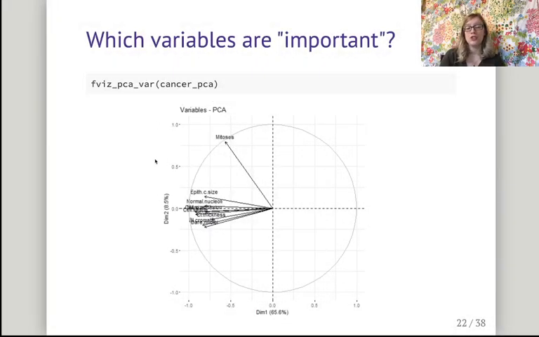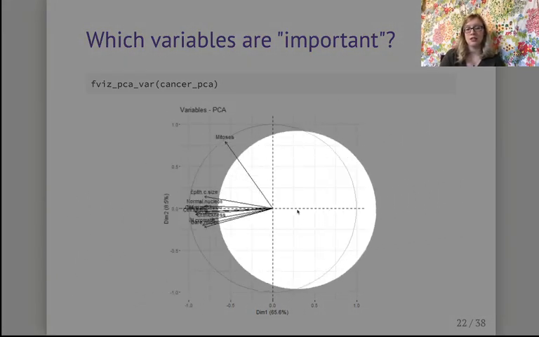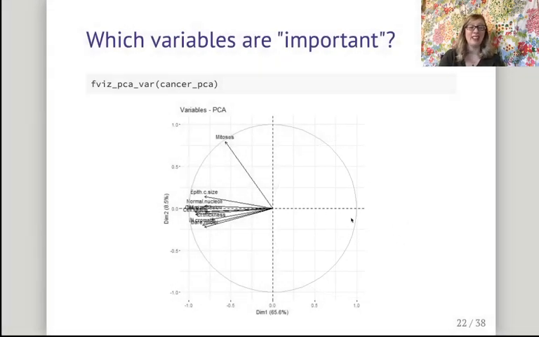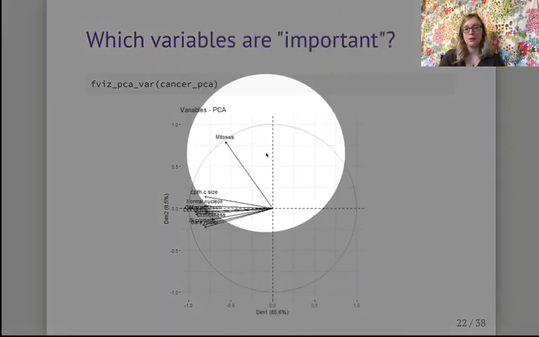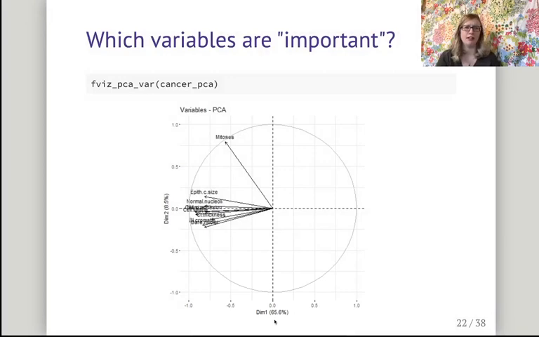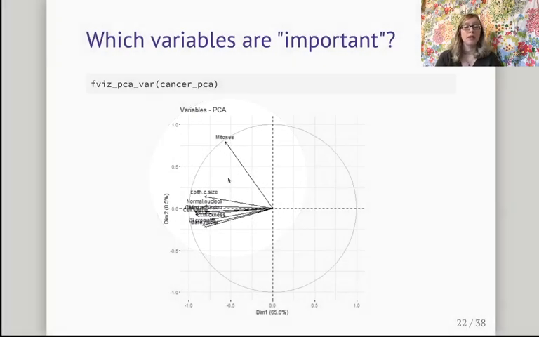So what this shows you is how these variables come together in the first two components. Vectors that are strongly horizontal indicate variables that contribute strongly to the first principal component, but not really the second. Vectors that are strongly vertical indicate variables that contribute strongly to the second principal component, but not necessarily the first. And then vectors that are kind of in the middle are contributing to both.